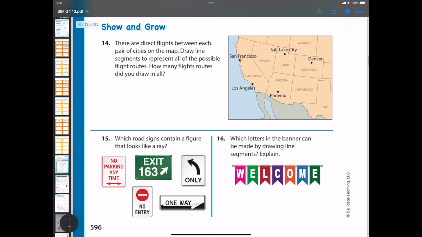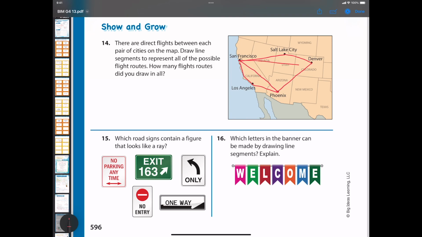We can move on. Number 14. There are direct flights between each pair of cities on the map. Draw line segments to represent all of the possible flight routes. How many flight routes did you draw in all? Let's see. From San Francisco to Salt Lake City, 1. And Salt Lake City to Denver, 2. Denver to Phoenix, and Phoenix to Los Angeles, Los Angeles to San Francisco, and from San Francisco to Phoenix, right?